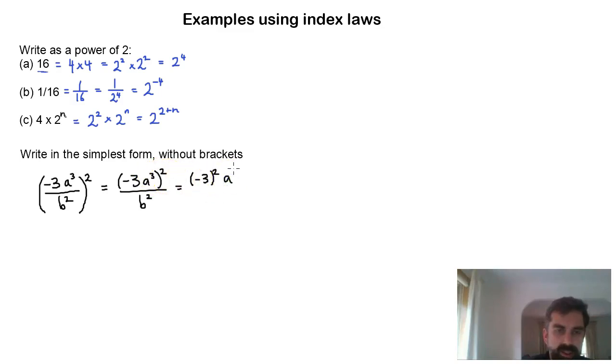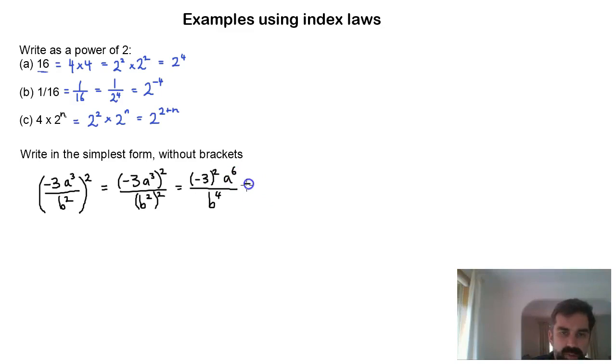Our index law says then that we're going to multiply those two powers together. So we're going to get a to the 6, and I should have had b squared in brackets all squared. Little mistake there. And then when we expand that bracket, it's going to be 2 times 2, which is 4.